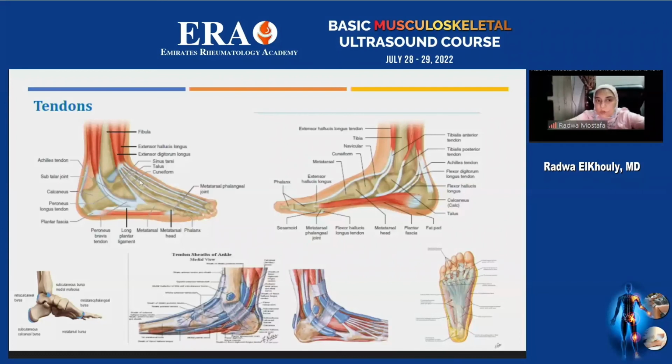These tendons continue in the midfoot and forefoot to their insertion in the toes. Going to the medial aspect of the foot, we have also three tendons, tibialis posterior, which goes to its insertion in the navicular, and the flexor digitorum to insert in the plantar aspect of the toe.